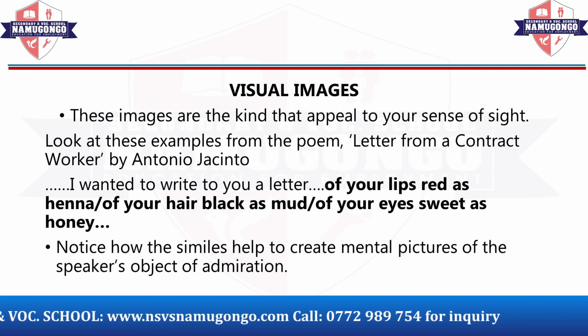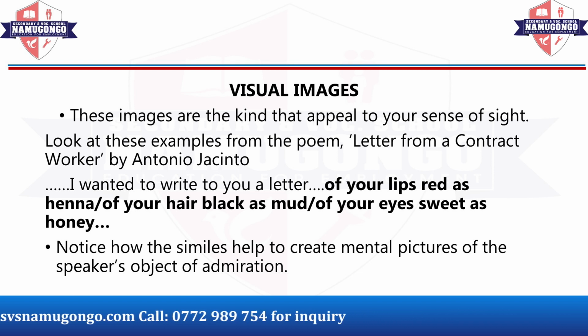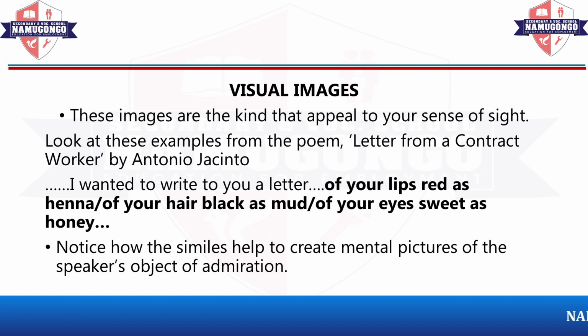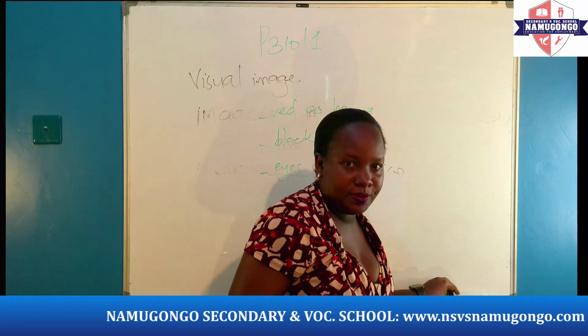I can assume that all of you are seeing mental pictures of this woman. Notice how the similes help to create mental pictures about the speaker's object of admiration. Probably this is a woman that he admires or loves. Now that is a visual image.